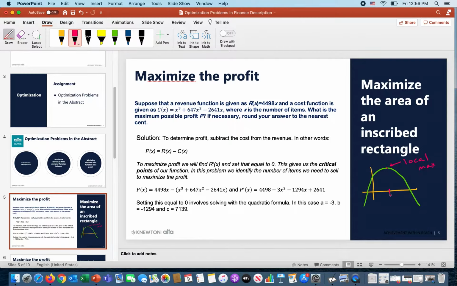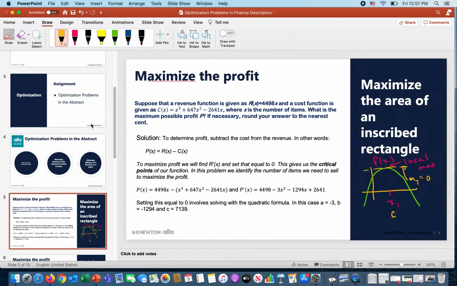That local max occurs at an x value, and it has a y value. Sometimes our book refers to this x value as a c value. We call that a c value because it's a critical point. It's where the derivative, where the slope of that tangent line, is equal to zero. That's a real big deal. The slope of that tangent line is equal to zero.